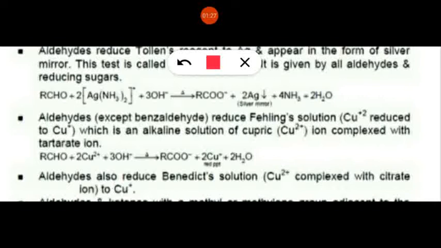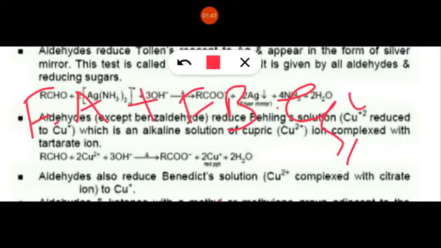Fehling solution. What is Fehling solution? Fehling solution is prepared by mixing Fehling A plus Fehling B in equimolar amounts. Equimolar means both molarities remain the same.